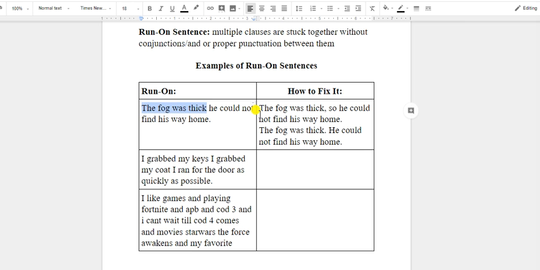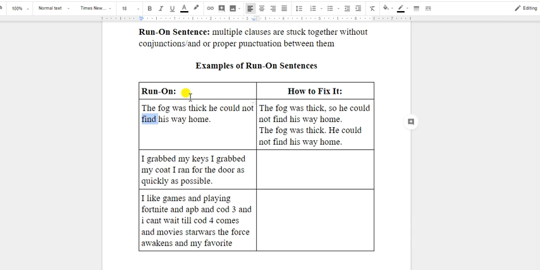What's the second verb and subject pair? Could not find. Find is the actual action verb, and then could not, those are helping verbs. Well, could technically is the helping verb. Could find, not is describing how he could find, making it negative.